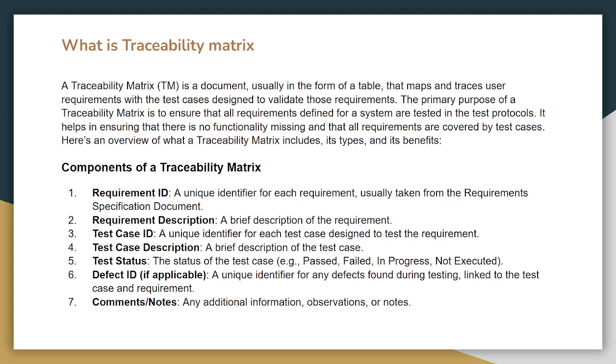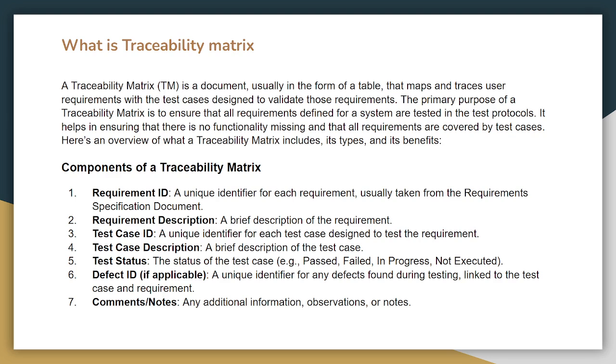So the traceability matrix has some benefits. You also need to tell the interviewer that it ensures coverage and tracks the requirements. And if there are any gaps, it helps identify them, like missing requirements or test cases, ensuring that nothing is overlooked. It facilitates impact analysis, and definitely it improves quality.